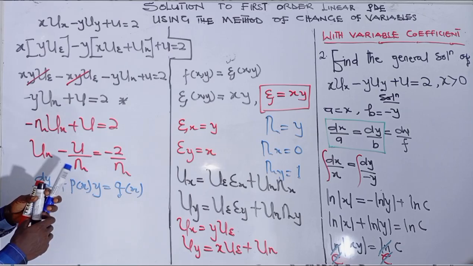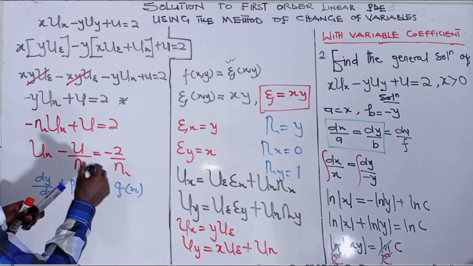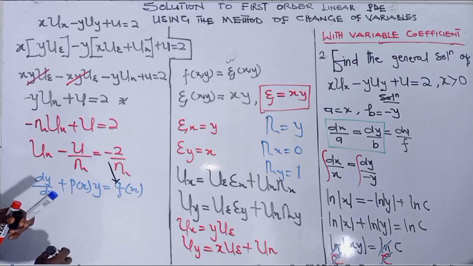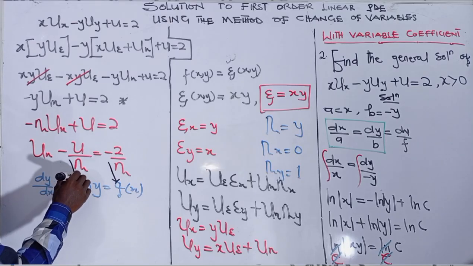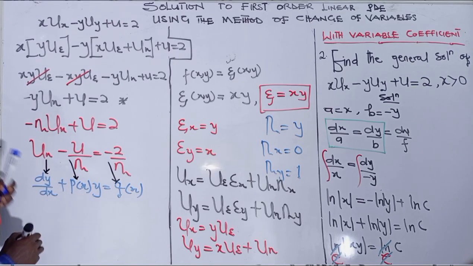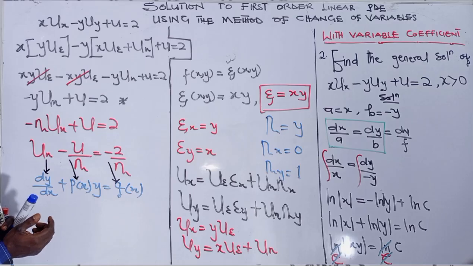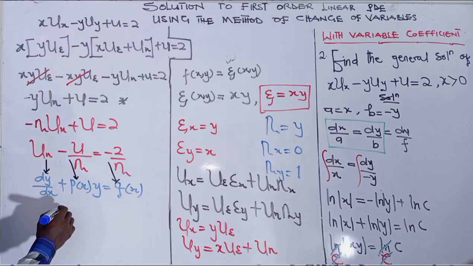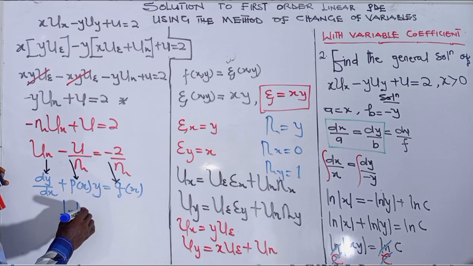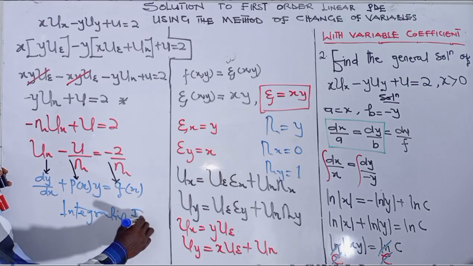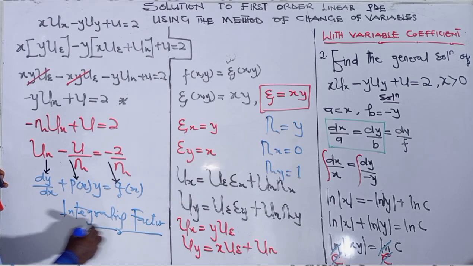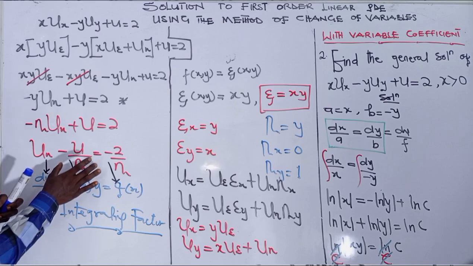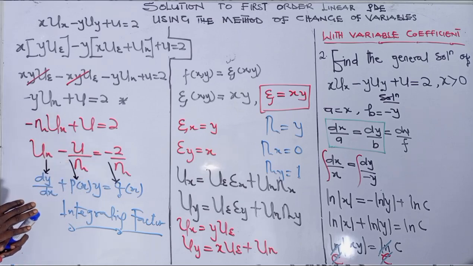Now if we are to match it, this will correspond to that, this will correspond to that, and then this will correspond to that. And whenever you have a differential equation of this form, you make use of the method called integrating factor. So we are going to make use of the integrating factor to help us solve this differential equation.